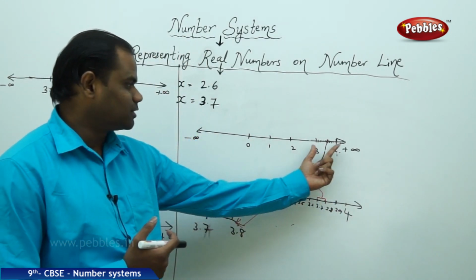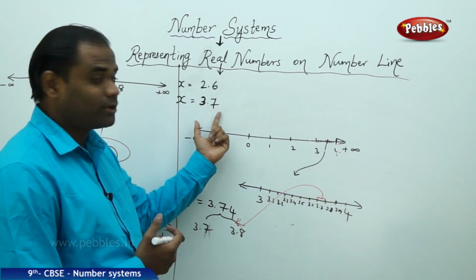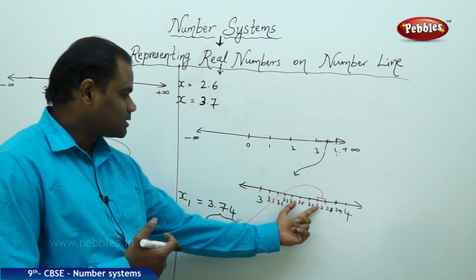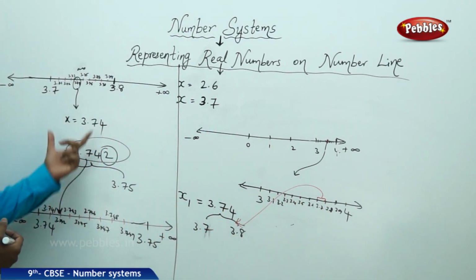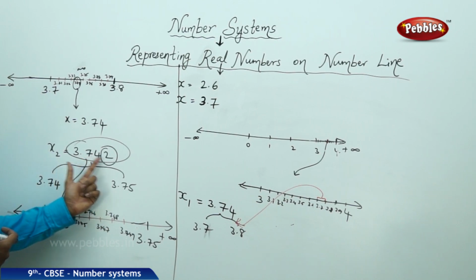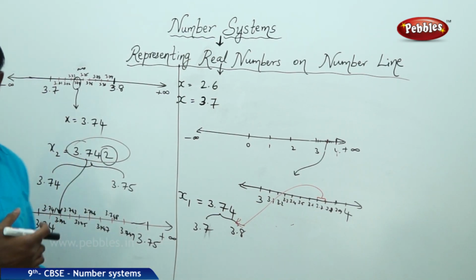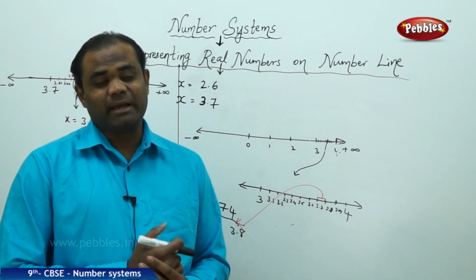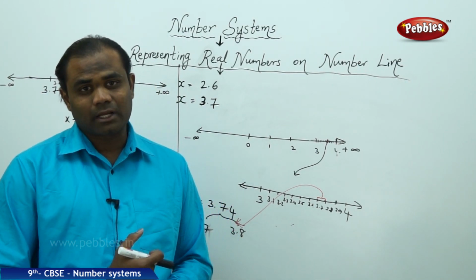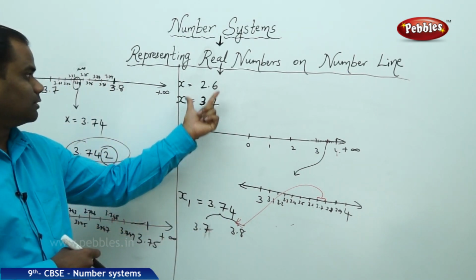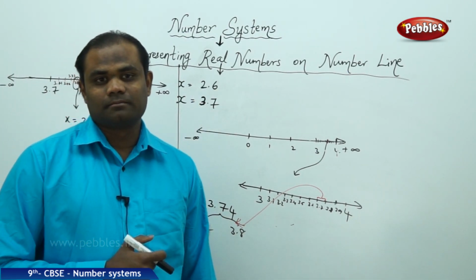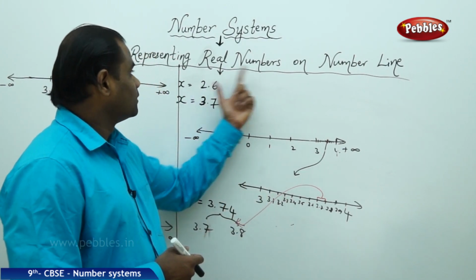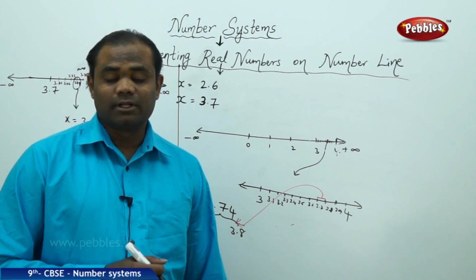The first magnification gives me the value 3.7, the second magnification gives me the value 3.74, and my third magnification gives me the value 3.742. This is how, through successive magnifications, I can visualize and locate the given decimal values on the real number line. Successive magnification is possible for identifying the real numbers on the number line.